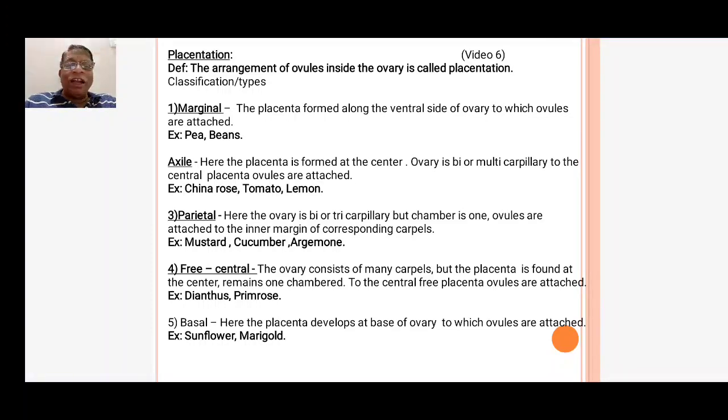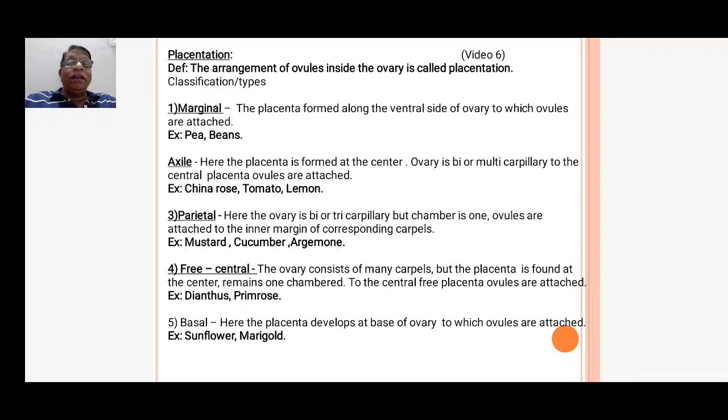To the central placenta, the ovules are attached. Such a type of placentation is called axial type.